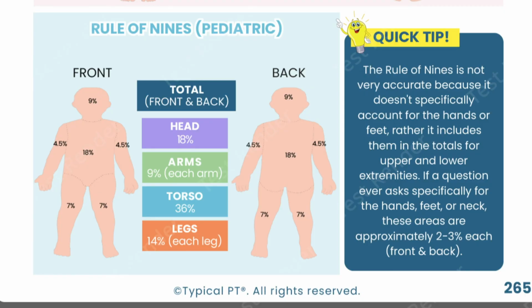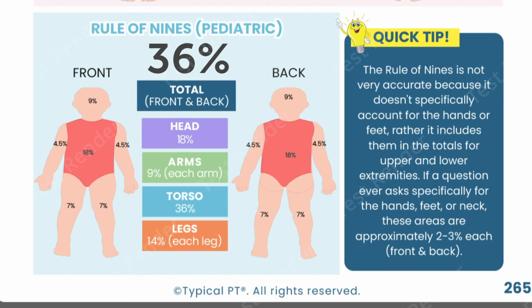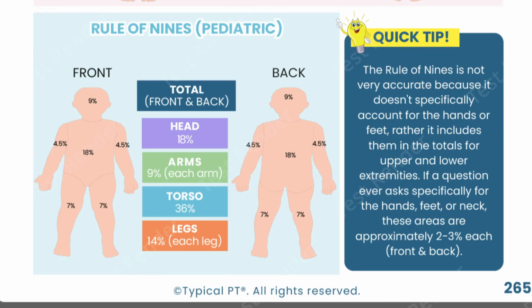So if the question were to ask you, let's say the child had burns along the anterior and posterior trunk, what would it be? That would be 36. That would be the same for adults as well. Let's say it asked about the entire right lower extremity. Well, that would be 7 for the anterior and 7 for the posterior, which would be 14.